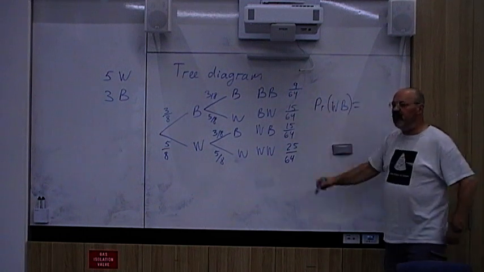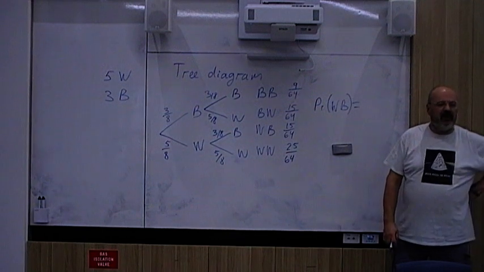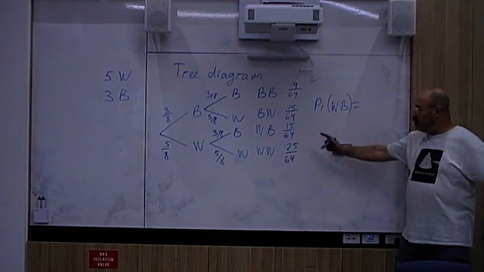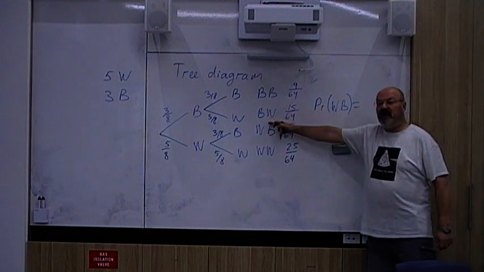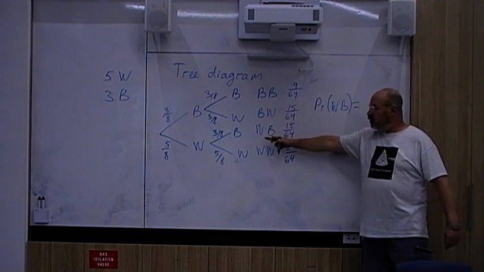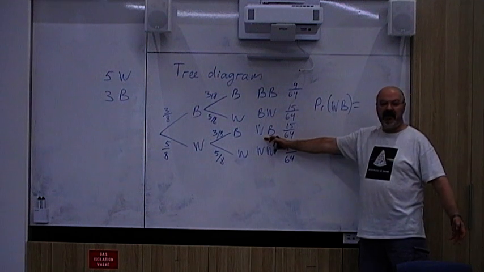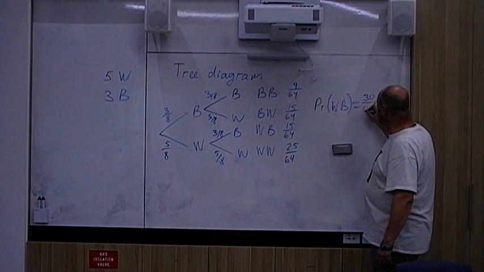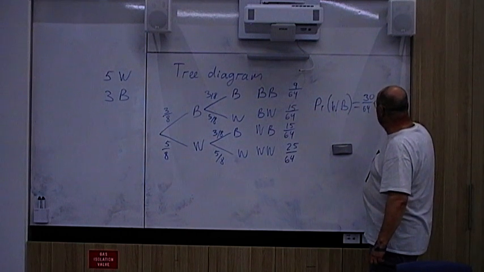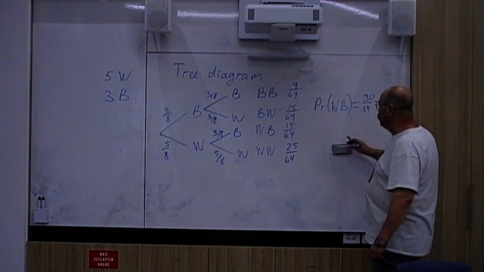How can we find from here the probability of getting 1 black, 1 white? We need to add these two together. Do we get here black and white? Yes. Do we get here white and black? Yes. So we need to add them together, which equals 30 over 64 or 15 over 32.